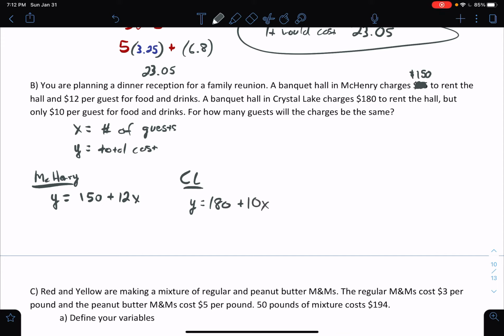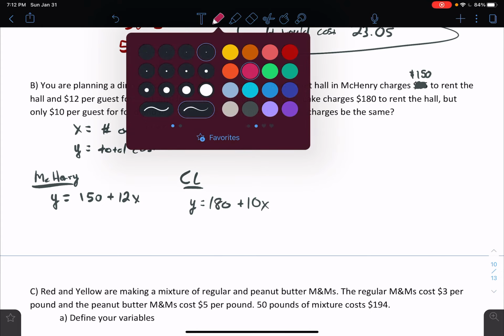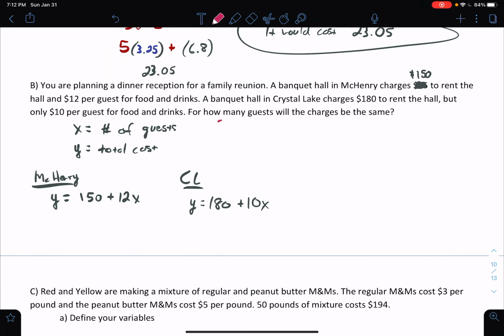So the question is asking, for how many guests, so we're solving for x, will the charges be the same? So we see this word same. In math, that means equals. So this is basically asking us, when will the costs be equal to each other?